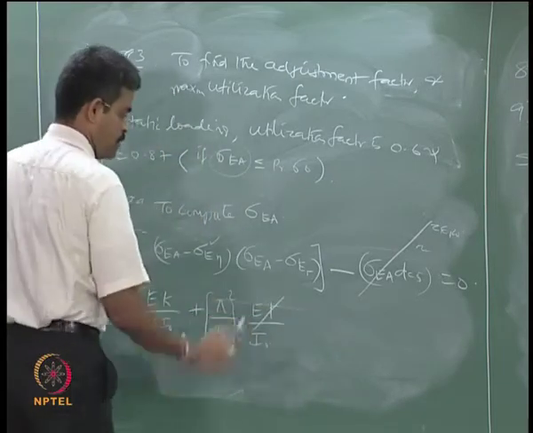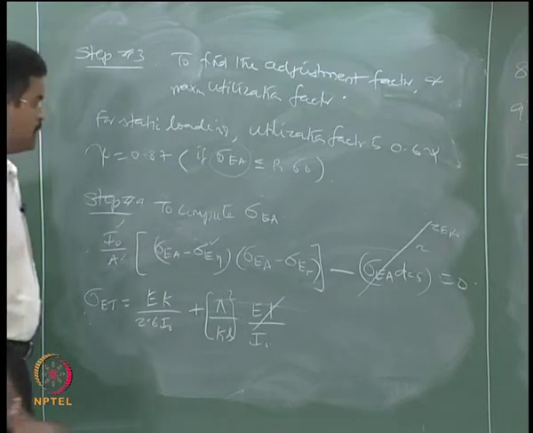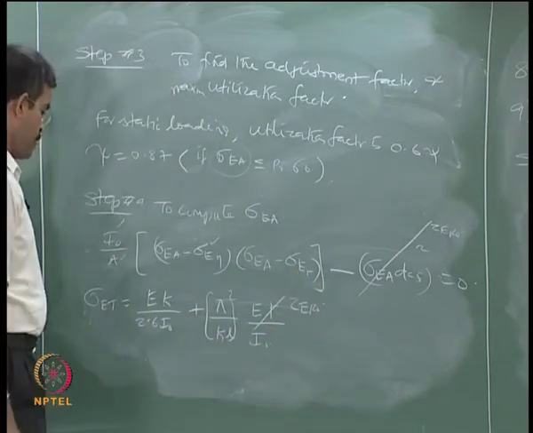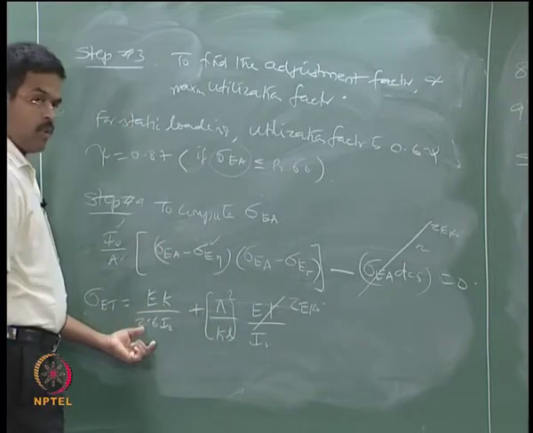So, gamma in my case, which is the warping constant, remains 0 because section is cylindrical and symmetric. So, this term goes away, I have only one term here.